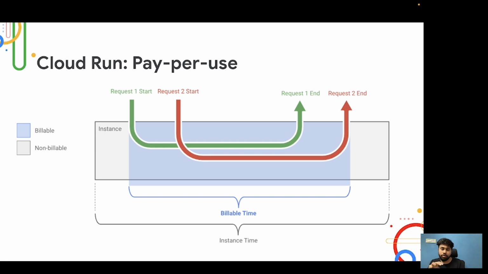So let's talk more about the pay-per-use model. How are we going to be charged for a serverless offering? If you see here in the diagram, we have two requests. One request starts from this point in green, and the second request starts from this red one, and each terminates at this particular interval.